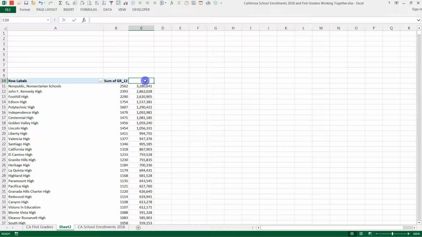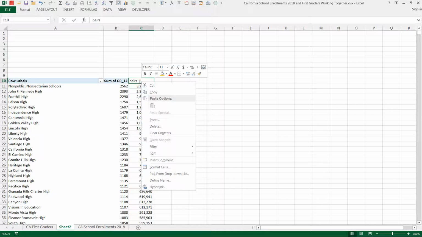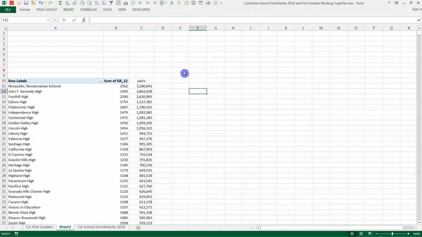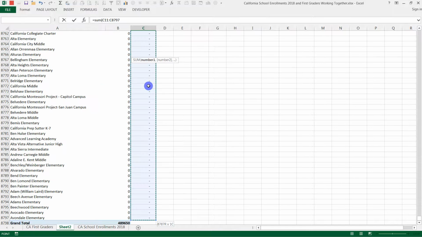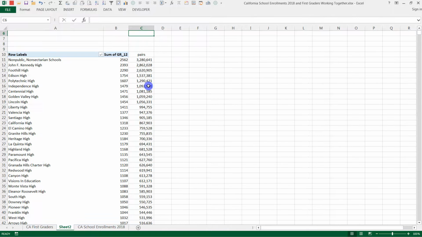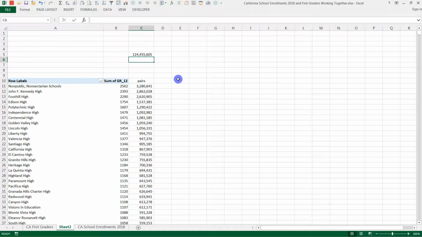So these are pairs, and I'll center it. And what I'm going to do is take the sum of that, click on that. I've got the Shift key down, end, down arrow, Enter. Okay, so that gives me the sum of that.